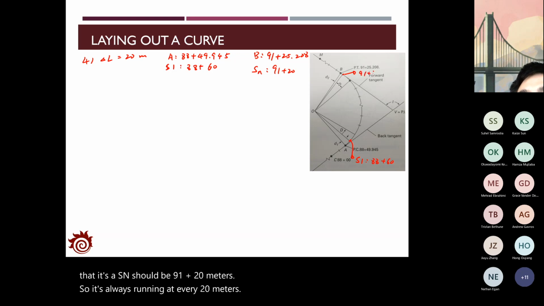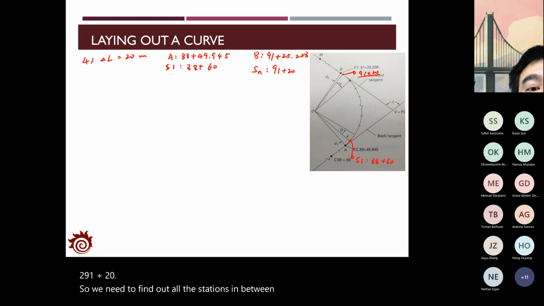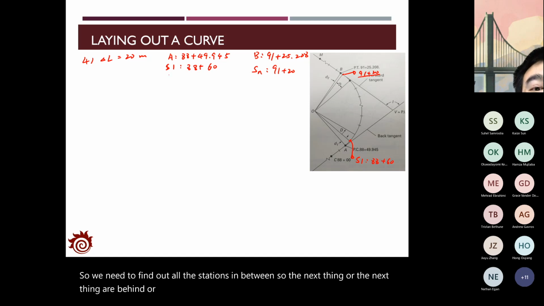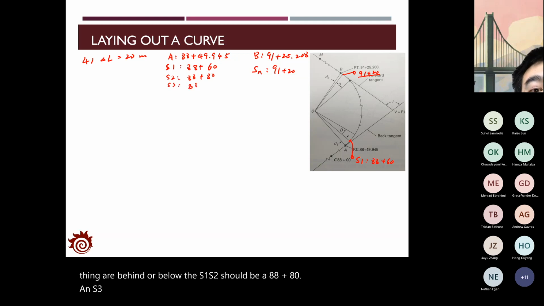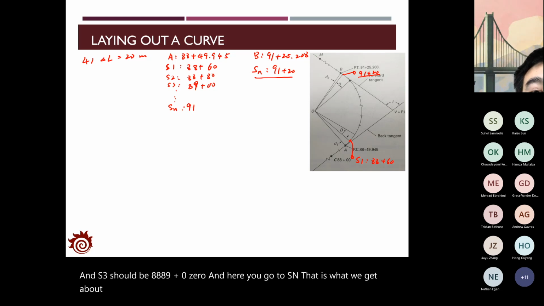So 91 plus 20. So we need to find all the stations in between. So the next one below S1, S2, should be 88 plus 80, and S3 should be 89 plus 00, until you get to SN. That is what we get, about 91 plus 20.